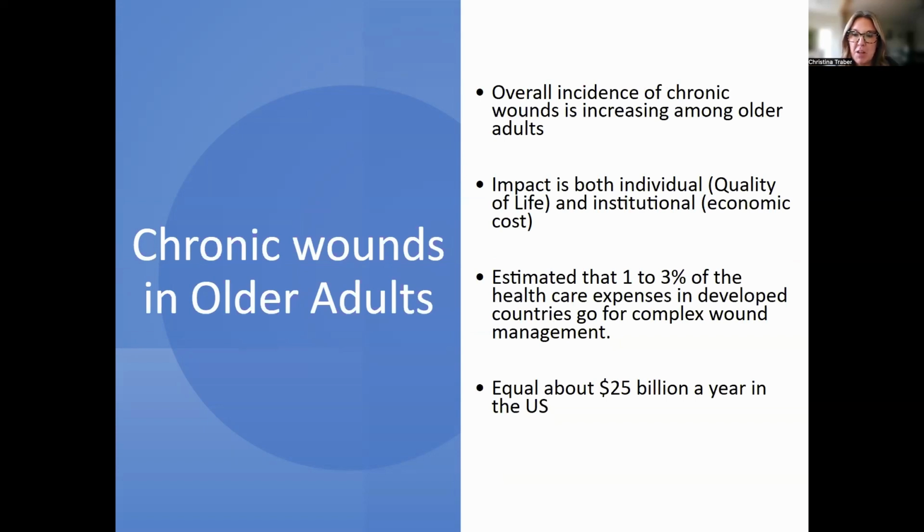And that equates to about $25 billion a year in the United States alone. So a big cost institutionally. And then, of course, individually, having a wound affects people's quality of life. It often will equate to a hospitalization, and then sometimes even placement into a nursing home or long-term care facility.